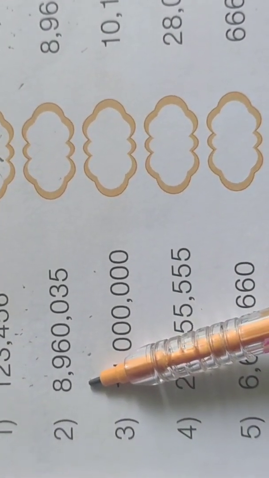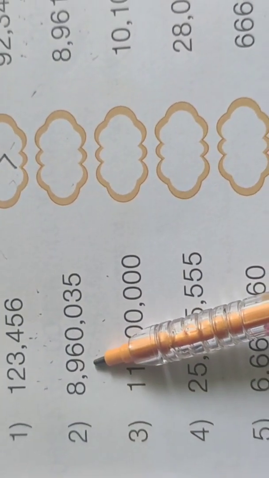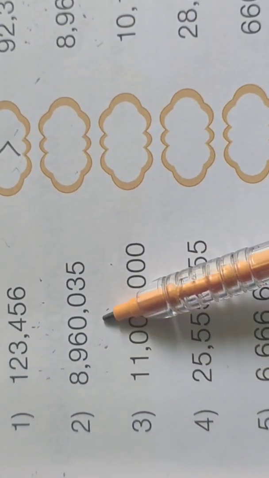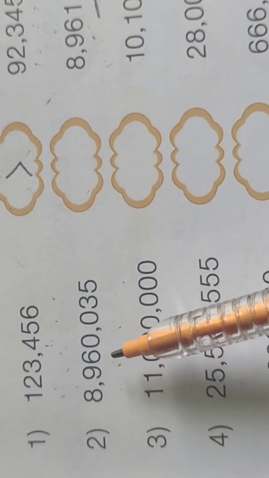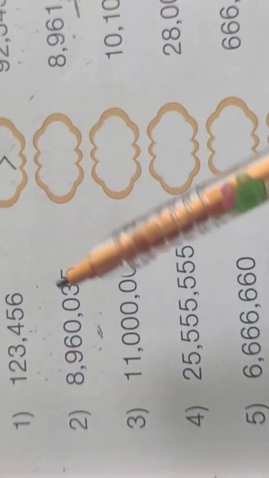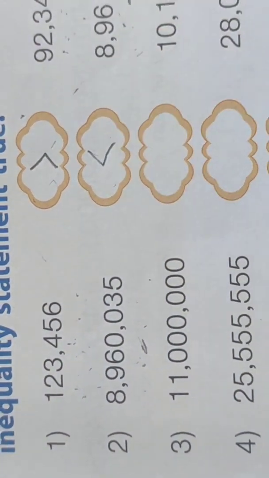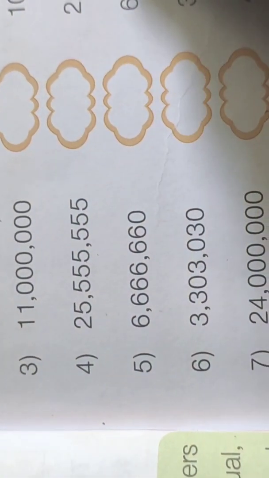The digits in the millions are the same, 8 and 8, 9, 9, 6, 6, 0, and 1. So 1 is bigger than 0. So automatically the number on the right is bigger than the one on the left. So what do we use? We use smaller than. Okay, so you will do the rest from number 3 to number 9.